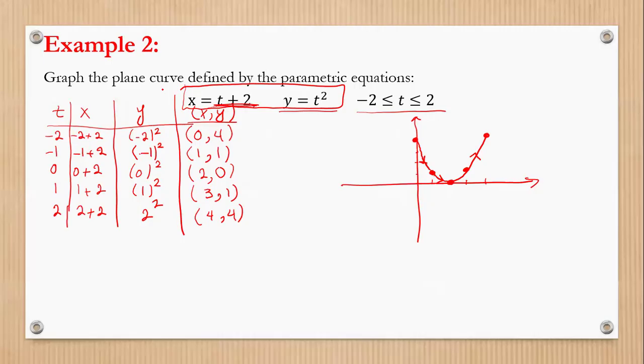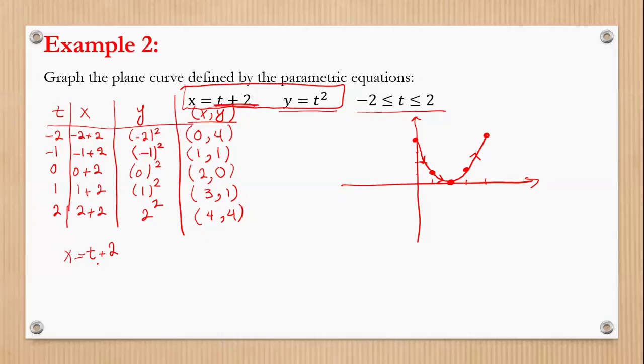I have two equations, one for x, one for y. I see that the easiest one is x. I need to solve this equation for t. When I say solve for t, it means find t, or have t by itself on one side and move everything else to the other side.